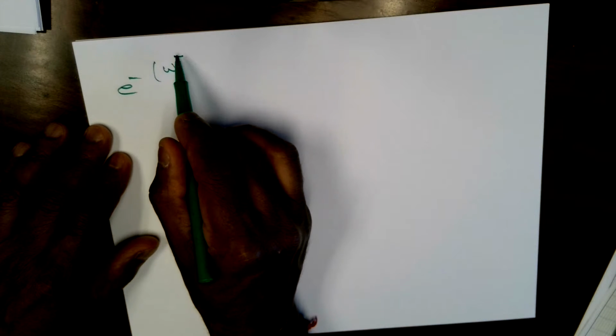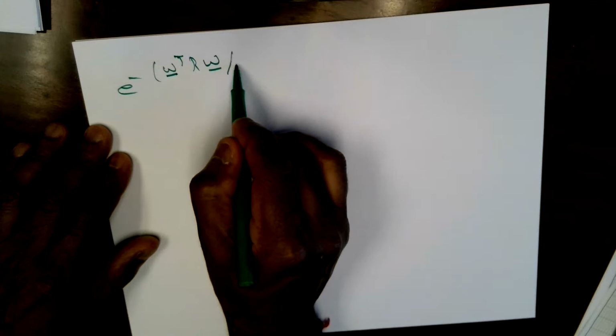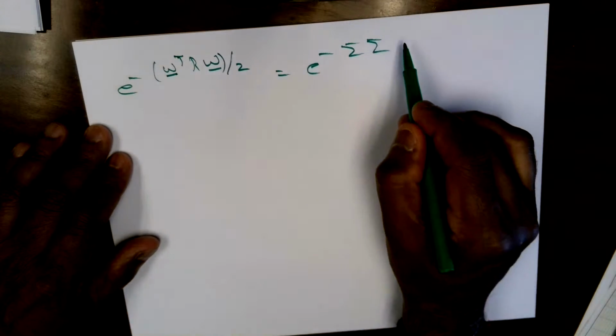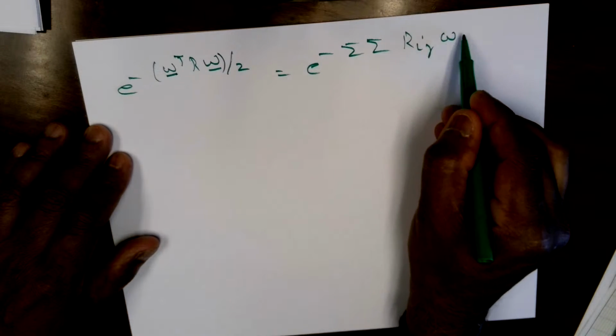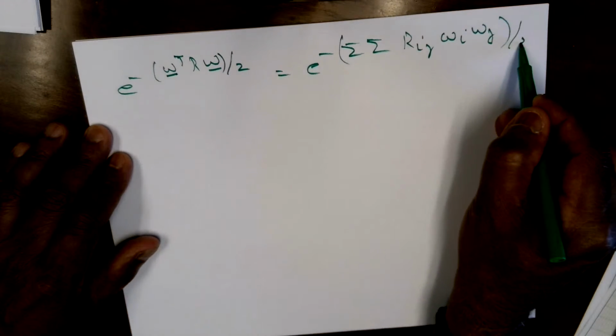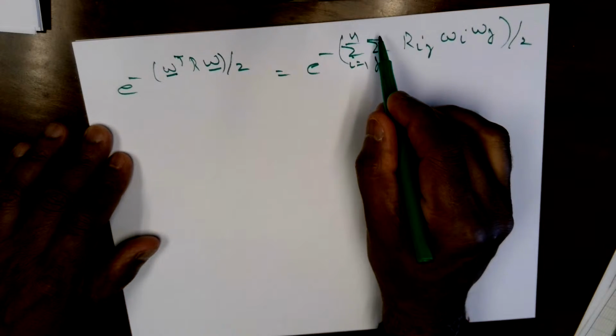So if I expand the right side, e raised to minus omega transpose R omega by 2 is e raised to minus double summation Rij omega i omega j by 2, i goes from 1 through n, j goes from 1 through n.